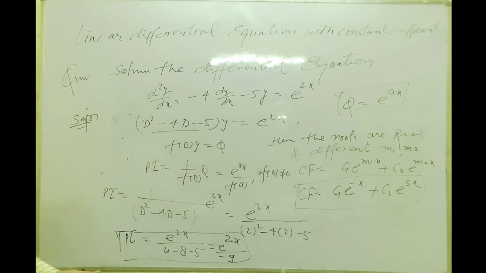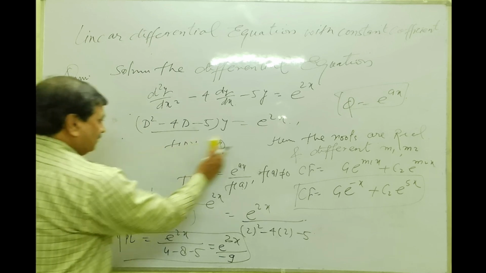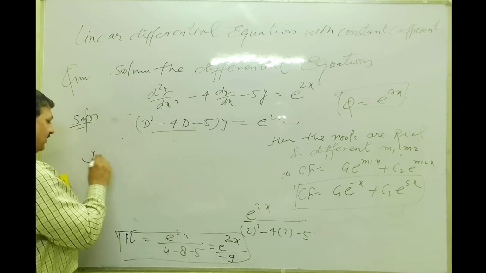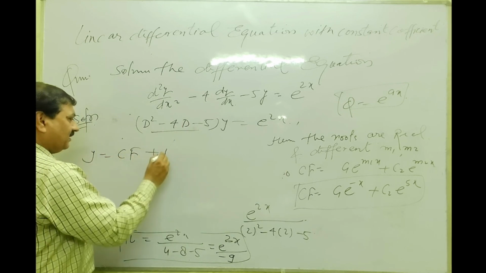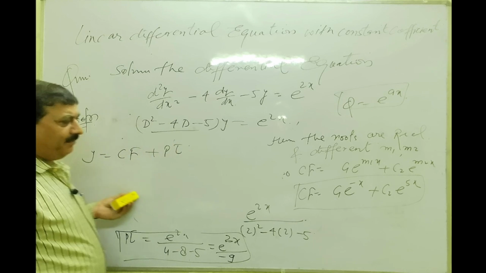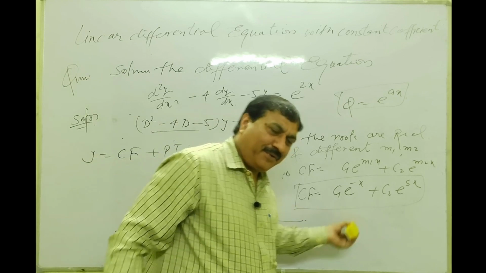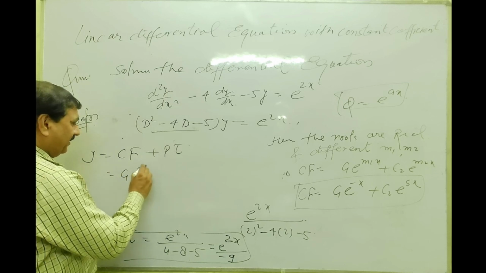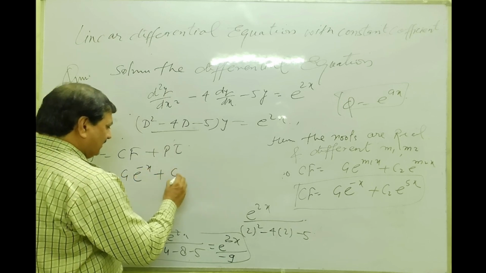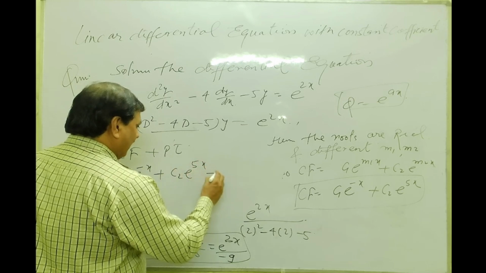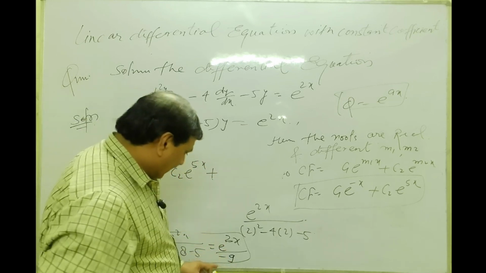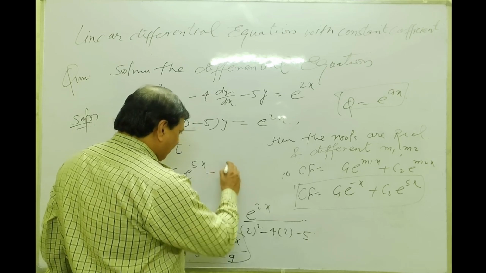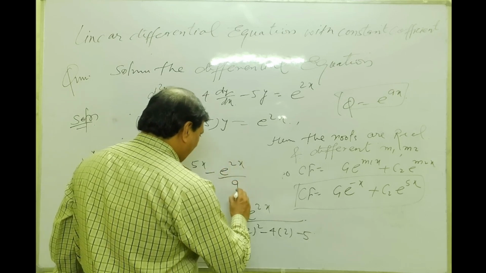According to the formula, y = CF + PI. Putting in the value of CF, y = c1 e^(−x) + c2 e^(5x) − e^(2x)/9.